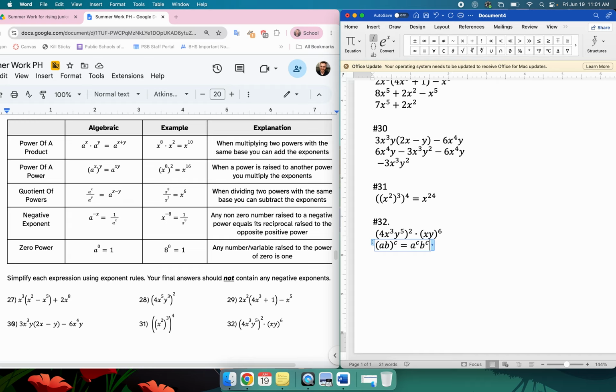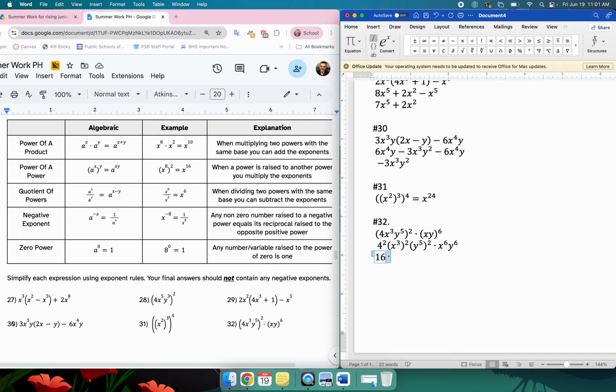In other words, exponents distribute over products. So what I obtain is 4 squared, x to the 3rd squared, y to the 5th squared, times, likewise distributing the 6 over here, x to the 6th, y to the 6th.